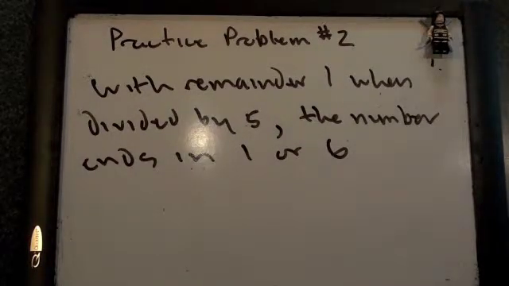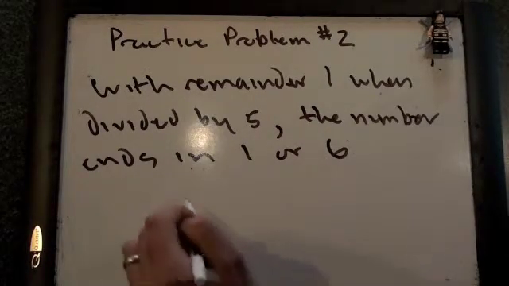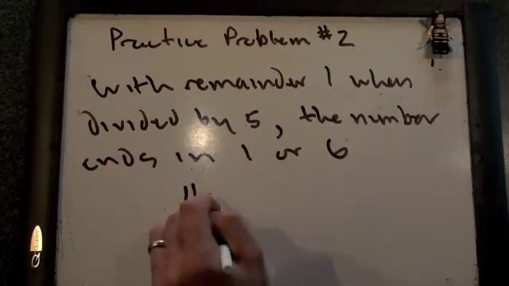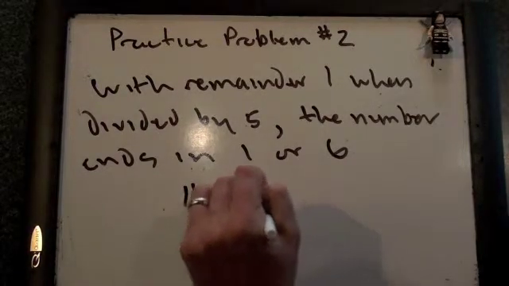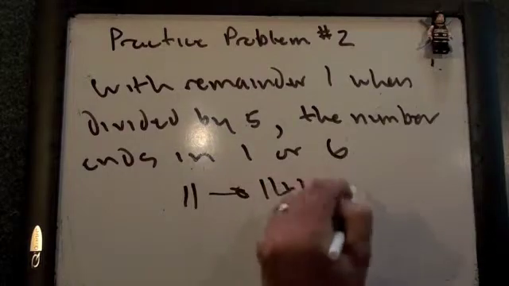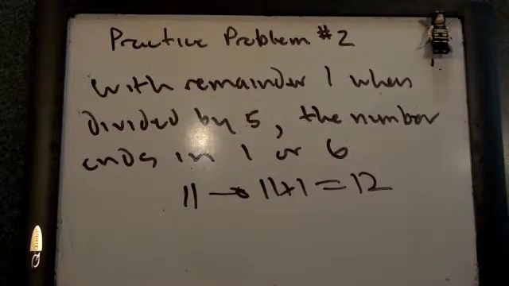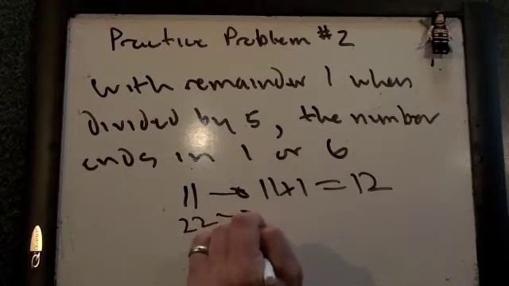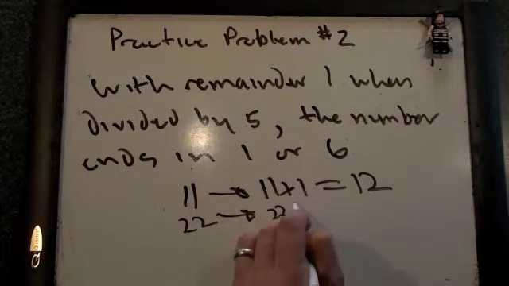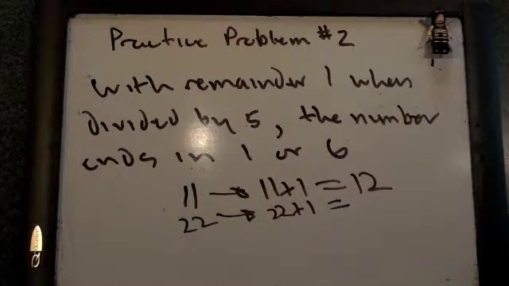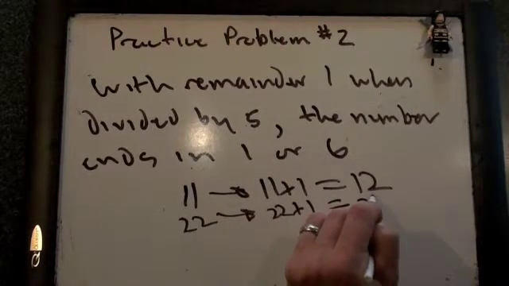What's the first multiple of 11? 11. Does 11 plus 1, that equals 12, end in a 6? No. So what's the next multiple of 11? 22. 22 plus 1 equals what? 23. Does that end in a 6?